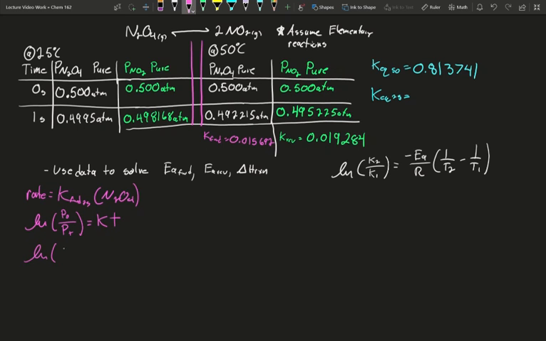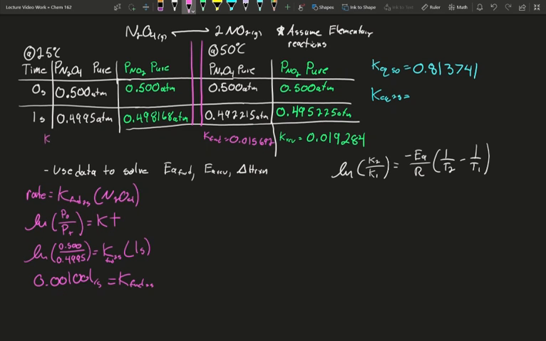For us, that's 0.500 divided by 0.4995 is going to equal K at 25 forward, and our time of 1 second. That's going to give us 0.001001 per second is equal to our K forward at 25.